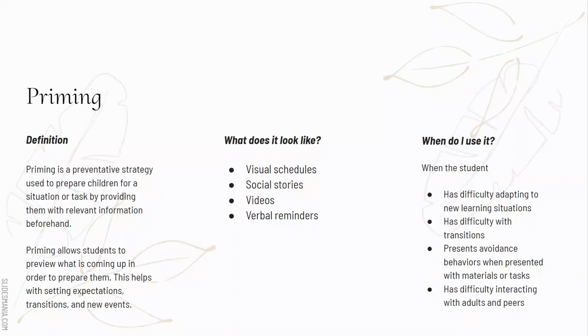Priming looks like the use of visual checklists, social stories, videos, and verbal reminders. You want to use priming when the student has difficulty adapting to new learning situations, difficulty with transition, presents avoidance behavior when presented with materials or tasks, or has difficulty interacting with adults and peers.